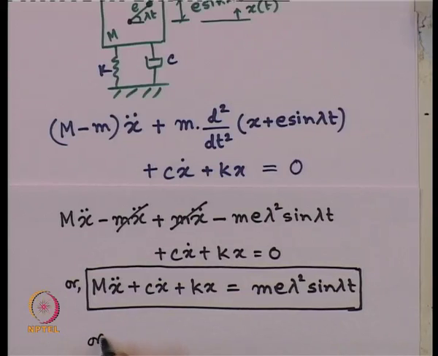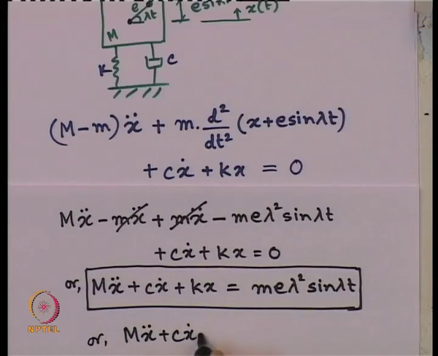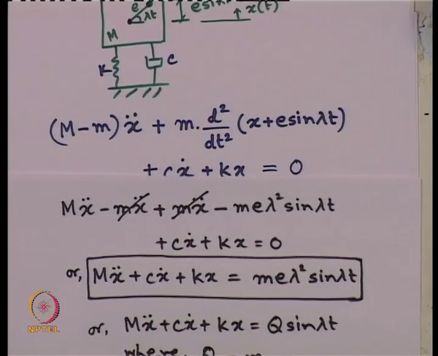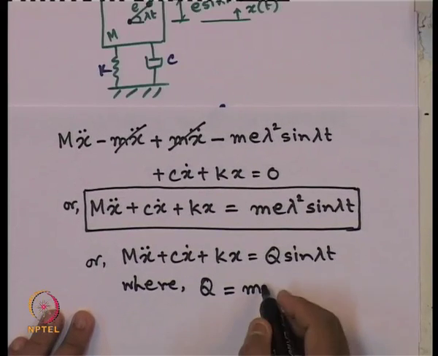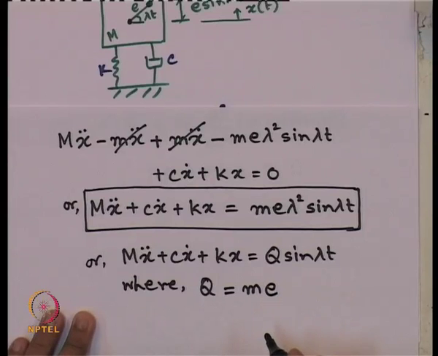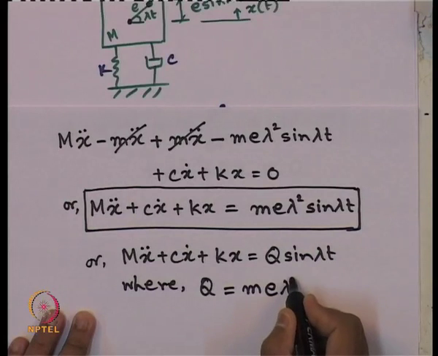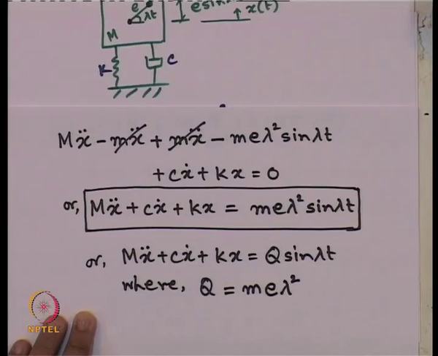So, this we can further simplify: m x double dot plus c x dot plus k x equals to q sin of lambda t, where this amplitude q is measured from that rotating mass small m, the eccentricity of the mass with respect to the C g of the entire system, and the frequency with which the rotation is occurring, so external frequency.